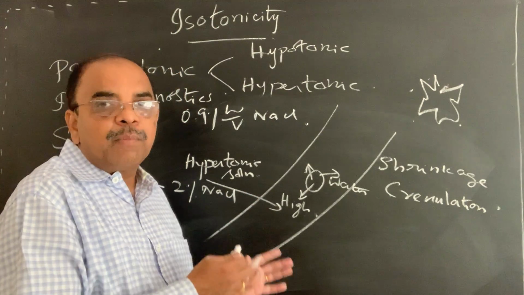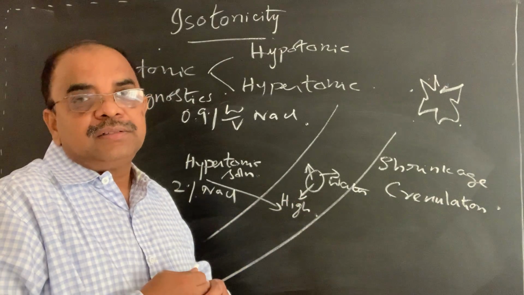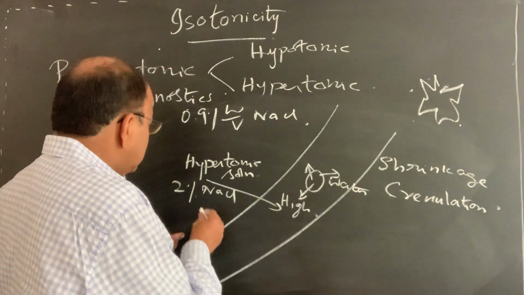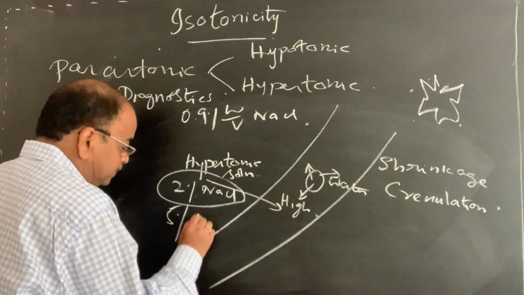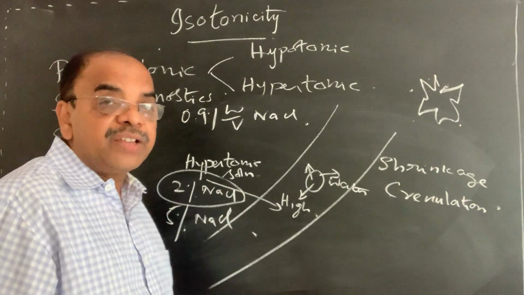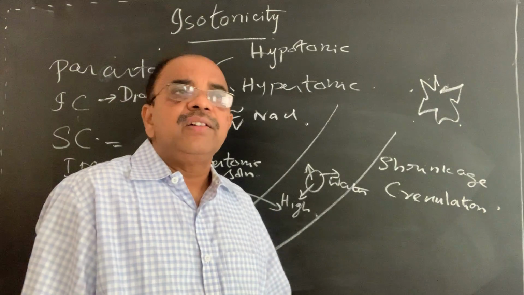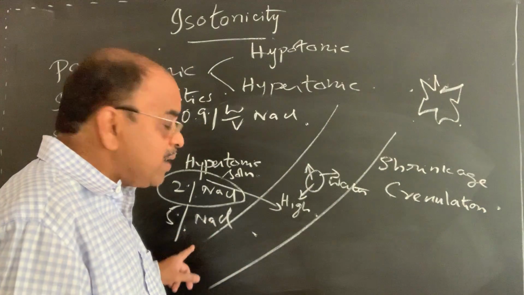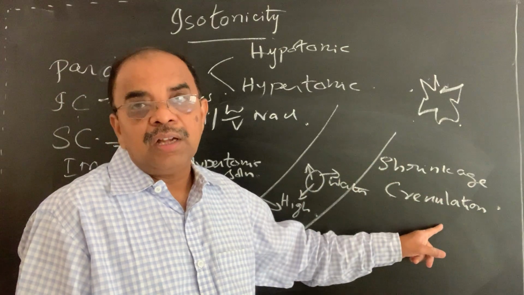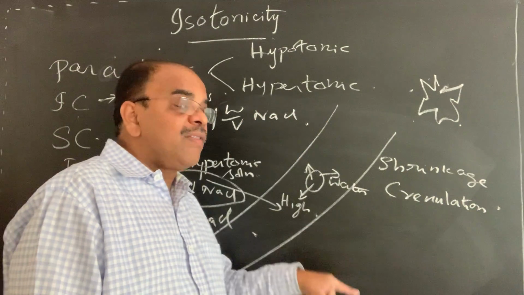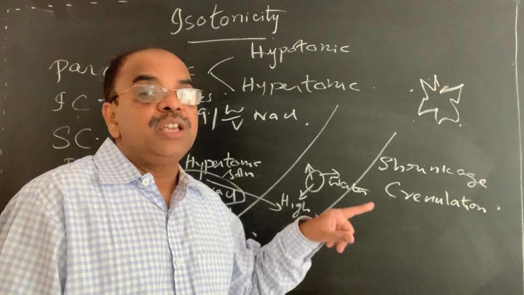So this is the problem with the hypertonic. 2% also no problem, but if you inject 5%, it causes major crenulation. So generally, we can say that hypertonic, a 5% solution of sodium chloride, causes crenulation. If you are injecting the 0.45% solution of sodium chloride, it causes hemolysis.